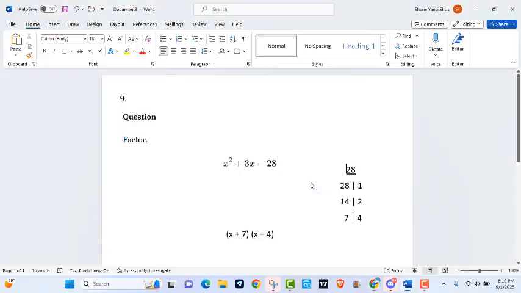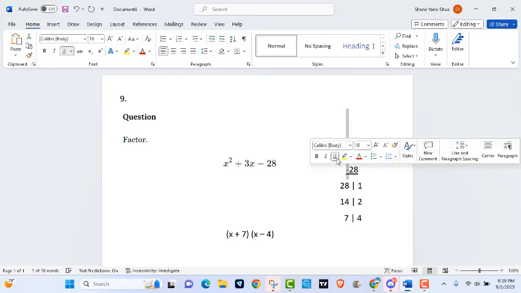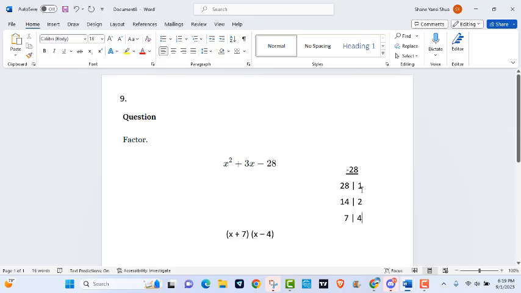So, here's how we're going to do that. Look at the last term in the trinomial here, and you see it says negative 28. So what we want to do is find numbers or factors of 28, this last term, that add up to the middle term of 3.